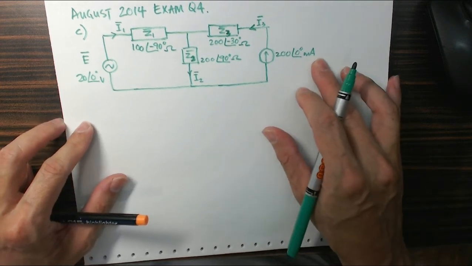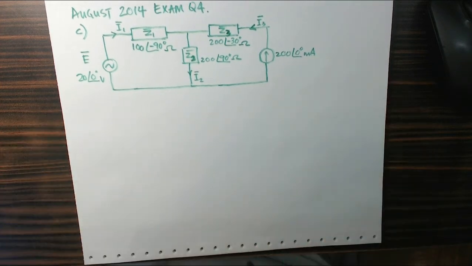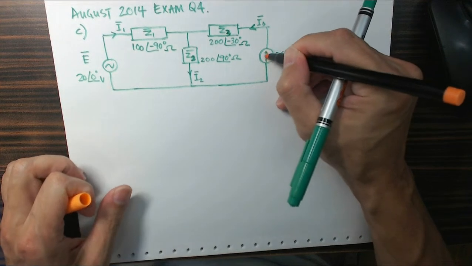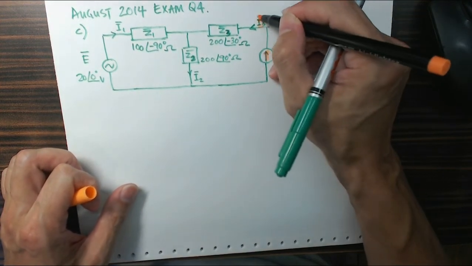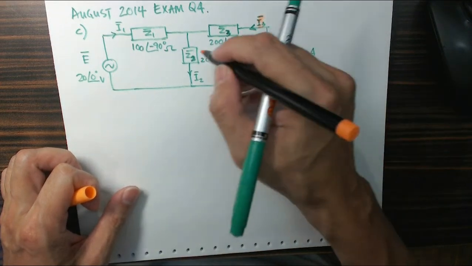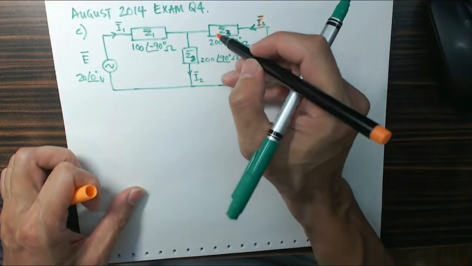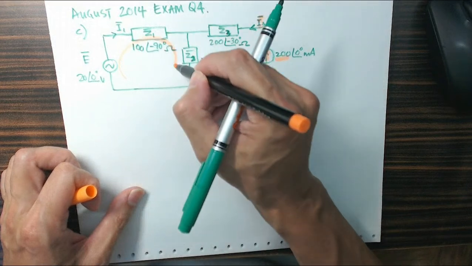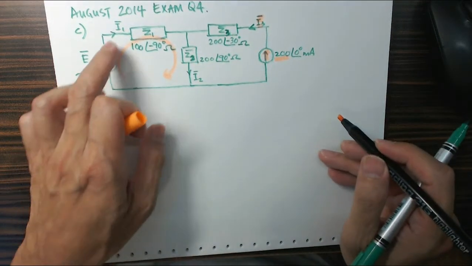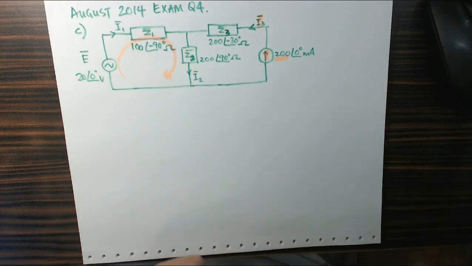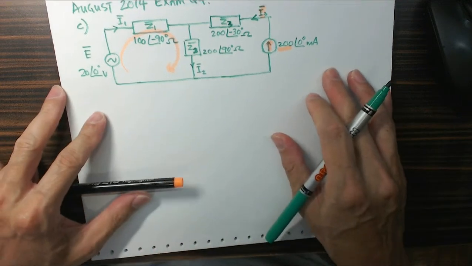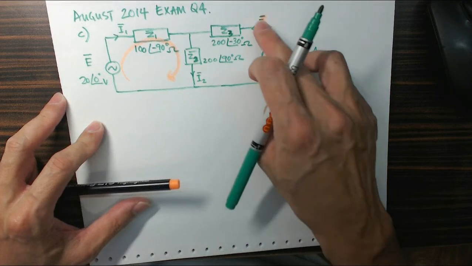Well, to answer this question, we can notice that this is a current source. So the current source basically defines I3, right? Whereas we can apply Kirchhoff voltage law to use superposition to calculate I2, I1. So to start with, I will solve this first.